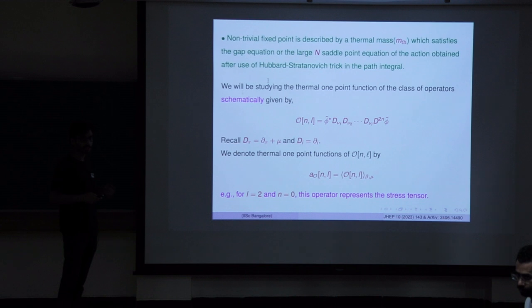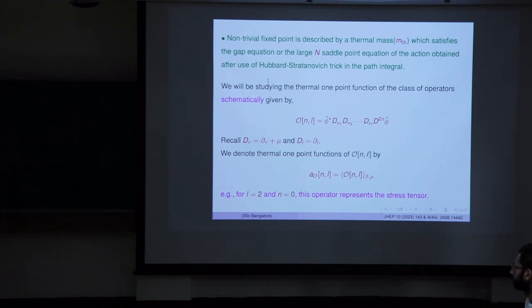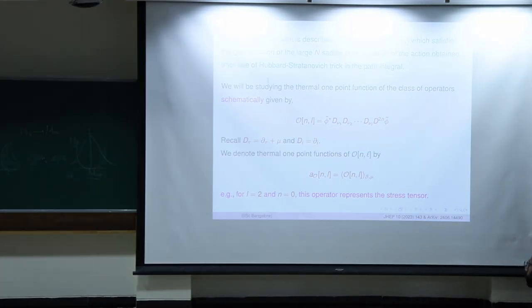For d equal to 3, the gap equation looks very simple. Maybe I can write down the gap equation. It is some m_th plus 2 log(1 plus e to the power minus m_th). Here beta is equal to 1, which I have assumed, I am choosing it like that.